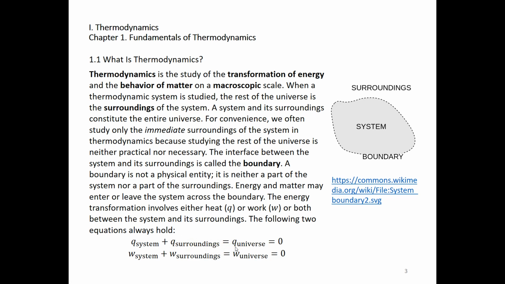We're going to assume the universe is an isolated system, so heat does not flow into or out of the universe. Therefore, Q_universe is 0, and Q_system plus Q_surroundings is equal to 0. Similarly, the work done on the system plus the work done on the surroundings is equal to the work done on the entire universe, and that has to be 0.